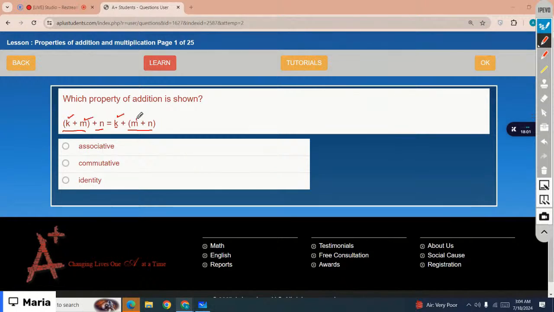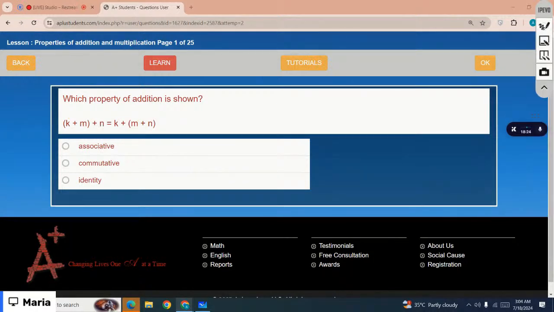Here you have k, here you have m, here you have n. Just the order of addition is different, right? When you have three variables involved and the order of addition is different, that is known as associative property of addition. So the correct option is associative. Got it? So that is the associative property.